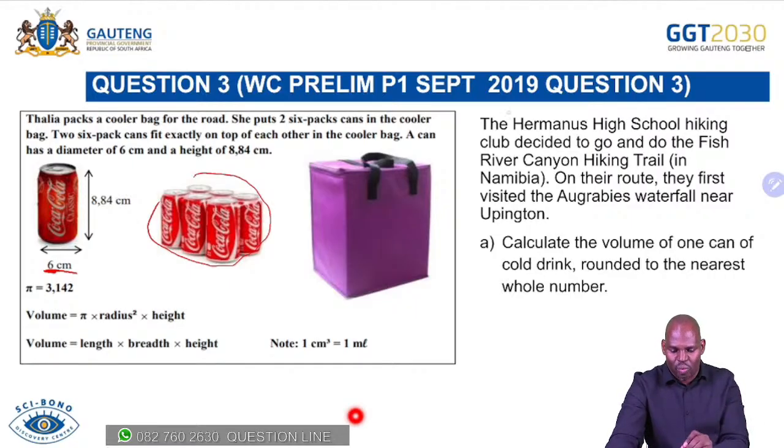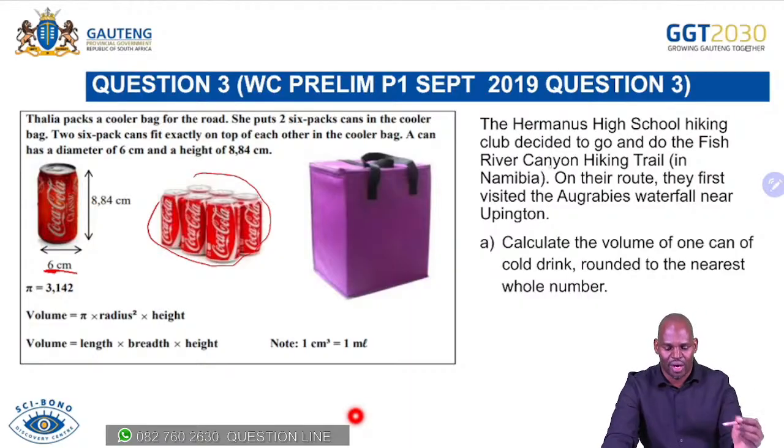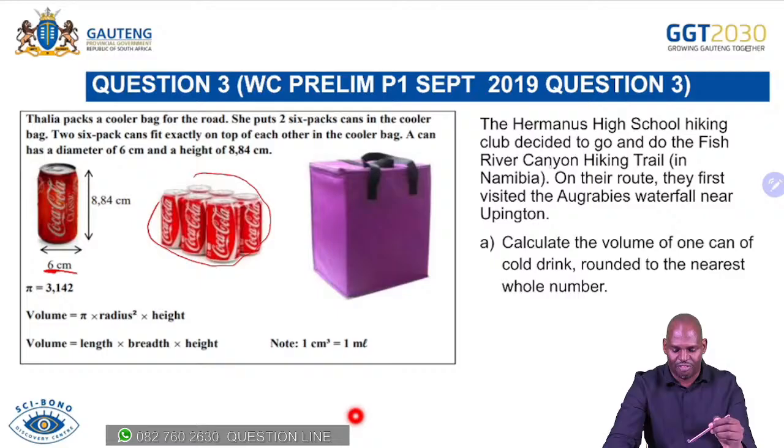Then we've got the following information. Pi is 3.142. Volume is equal to pi multiplied by radius squared multiplied by height. And volume is length times breadth times height. Also take note that 1 centimeter cubed is equal to 1 milliliter. You need to check all this information because you might need some of it while answering the questions. Then let us look at the first question.